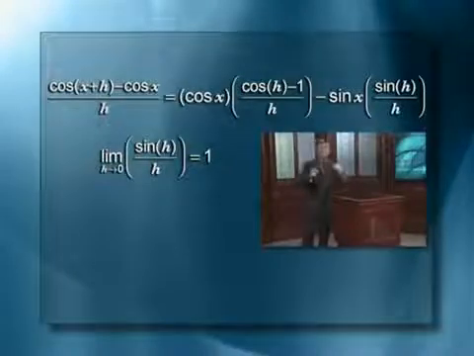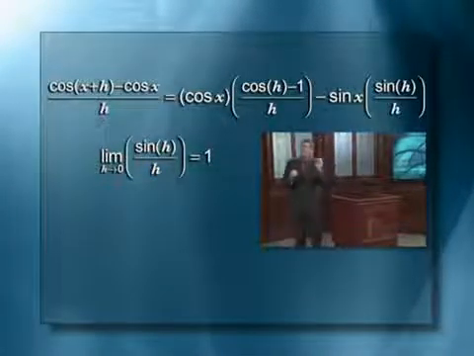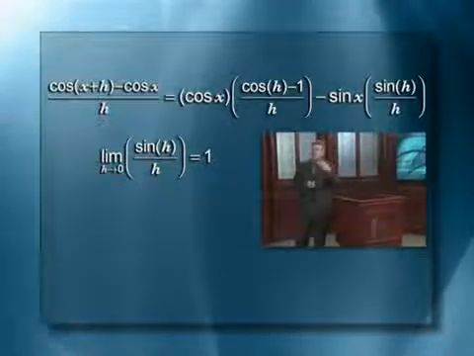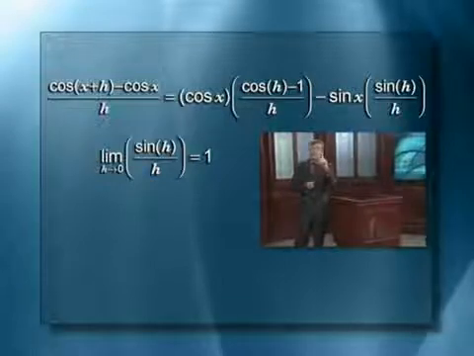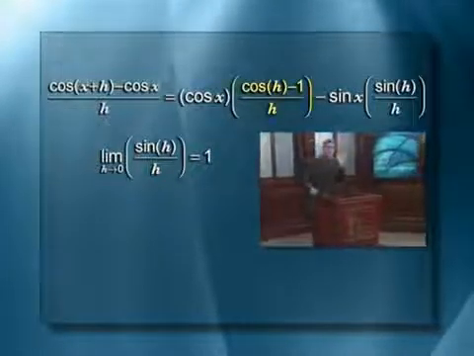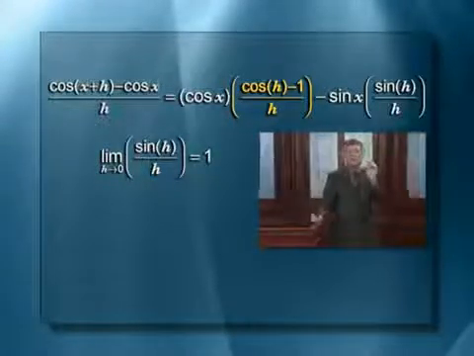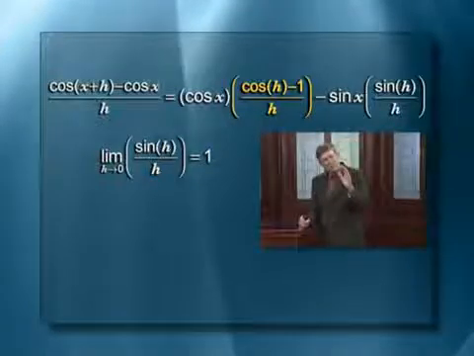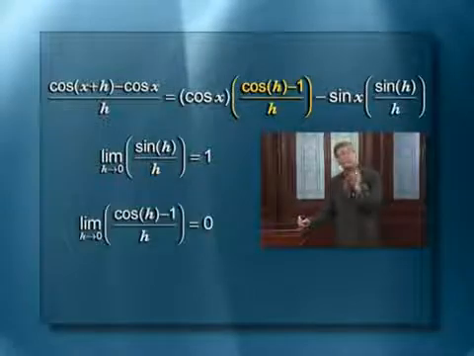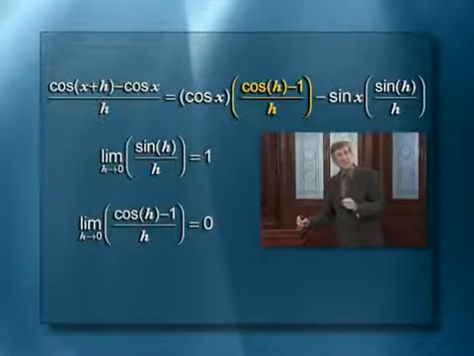Remember, we used that limit notation? The limit was 1. Even though it's not defined when h is 0, when h is close to 0, that quotient gets closer and closer to 1. Okay, good. Now, what about that other term in parentheses, the cosine h minus 1 divided by h? Well, in a similar fashion, you could graph it, and you would discover that it gets closer and closer to 0 as h gets close to 0.